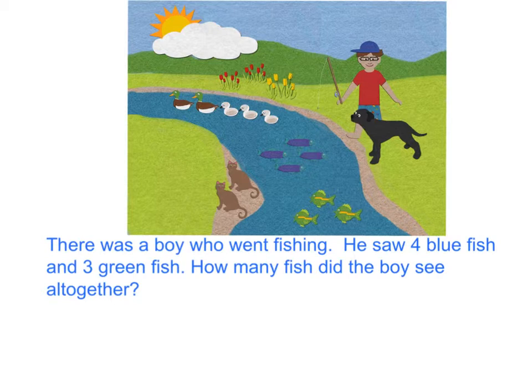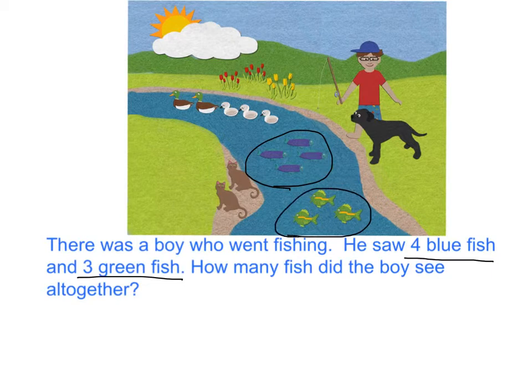Well, we will be adding how many blue fish and how many green fish. Okay, let's go to our picture now and group the objects. Here I see the 4 blue fish, and here we see the 3 green fish.